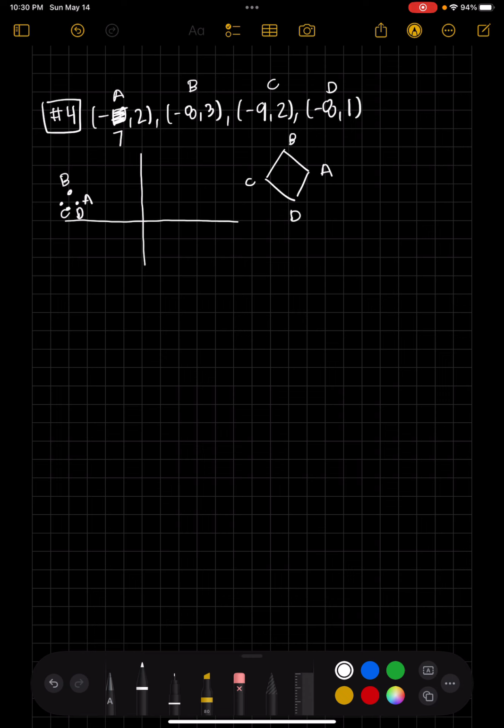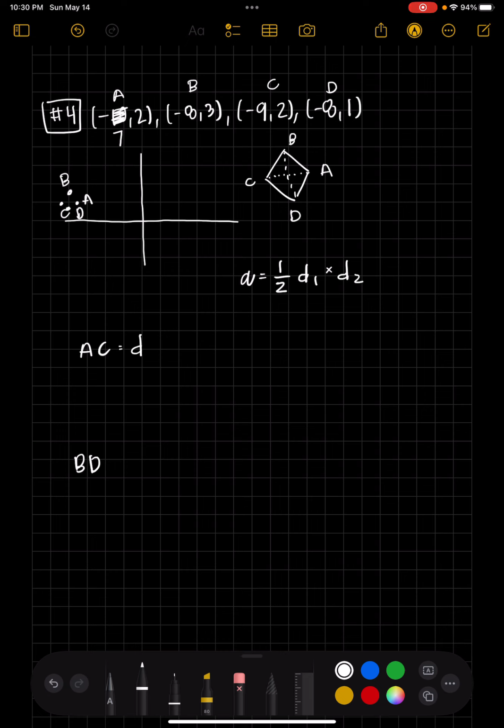But the other thing that you can do when it's tilted on its side like this is use the other area formula: area is equal to 1/2 diagonal 1 times diagonal 2. So what I'm going to do is find the diagonals, which are from A to C and B to D, and then use this formula to find the area. So I'm going to start by finding from A to C, then from B to D, the distances, then we can just plug it straight into the formula.